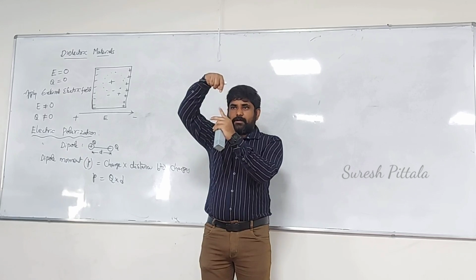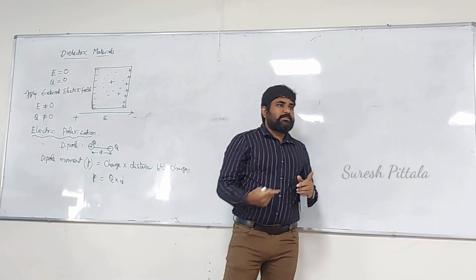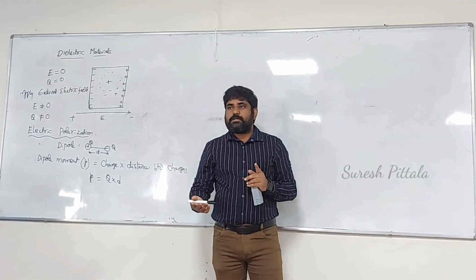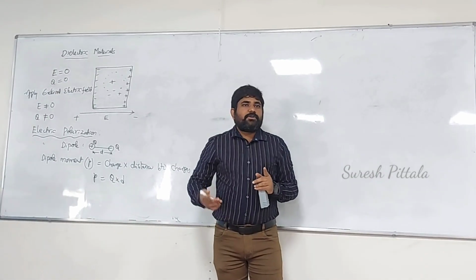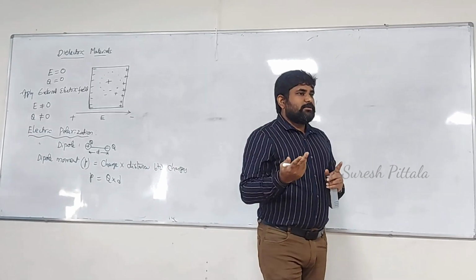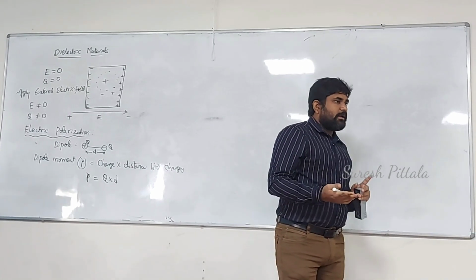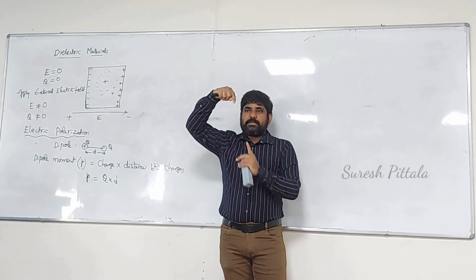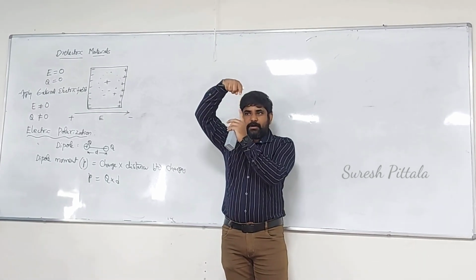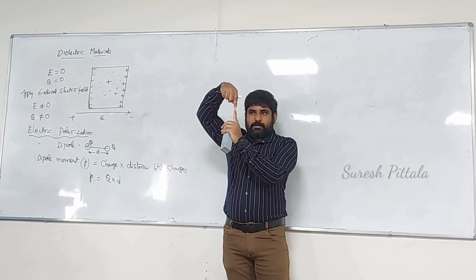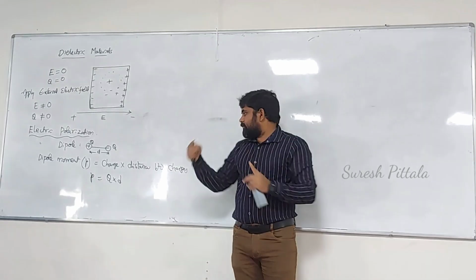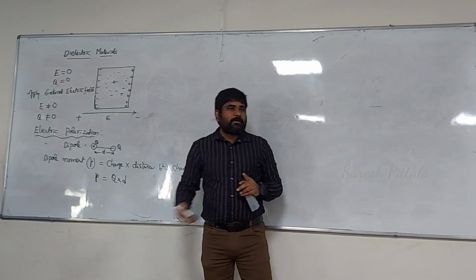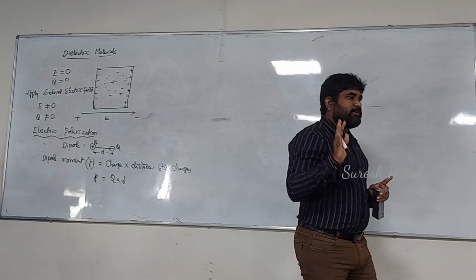So you have minus Ze and plus Ze. Z is the atomic number. e is the charge of either proton or the electron. So if it is an electron cloud, total charge you will call it as minus Ze. If it is positive charge it is plus Ze. So when minus Ze and plus Ze are at the same point, two equal and opposite charges but at the same point, your d becomes 0 though you have some charge. So your dipole moment also becomes 0 in the absence of the electric field.